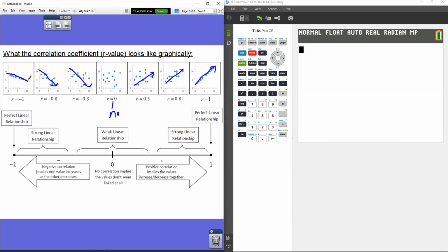And then we get to an R value of negative 1 where they form a straight line going down. So the stronger relationship is towards negative 1 and positive 1. The weaker relationships are when we get more towards 0. But you have to look at the majority of the dots and what direction they're going in.